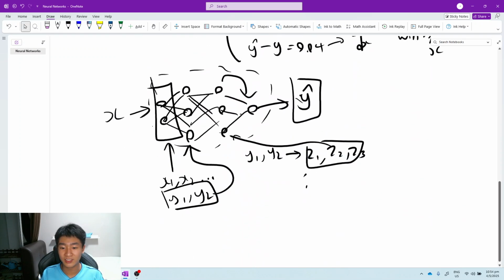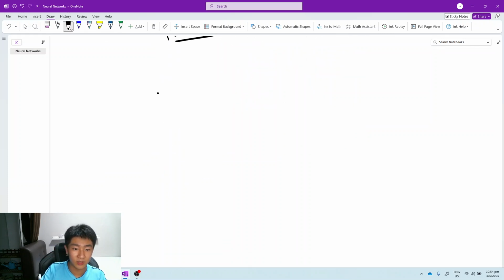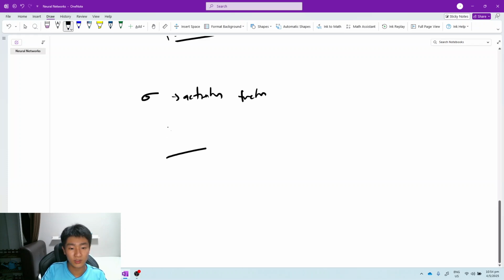Just to illustrate, a sigmoid activation function will look something like this, so let me draw it here. This is an activation function. It may look like this. This is a sigmoid curve. Let me make it look nicer.